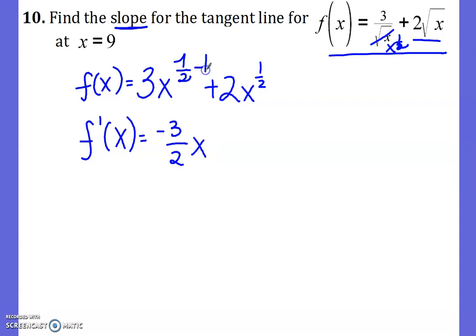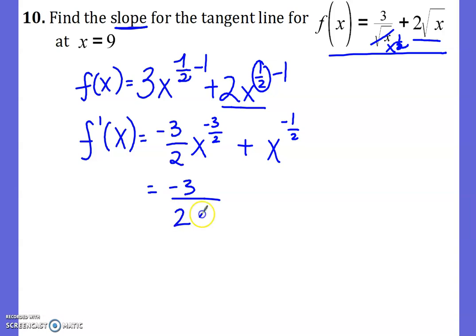And then when I minus 1 from that, it's negative 3/2 for the exponent. Taking the derivative of this term, that becomes x to the negative 1/2. When I multiply 2 times the 1/2, that's just 1. When I subtract 1 here, I'm left with negative 1/2. So pushing these to the denominator, here is the derivative.